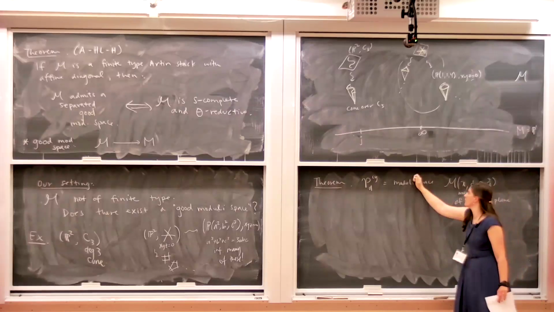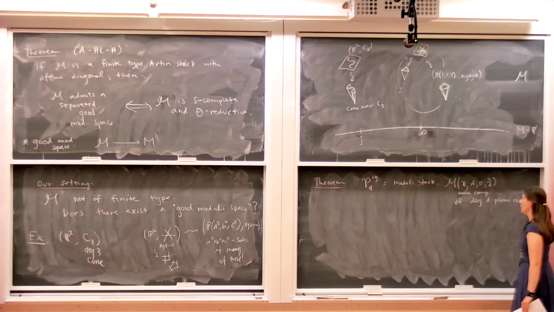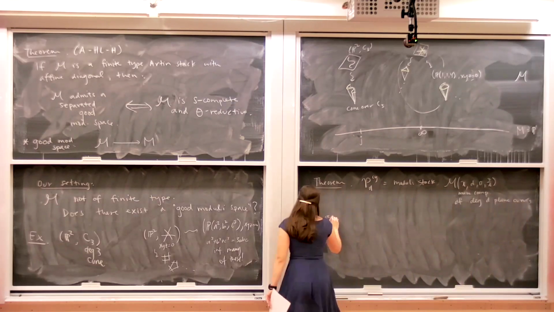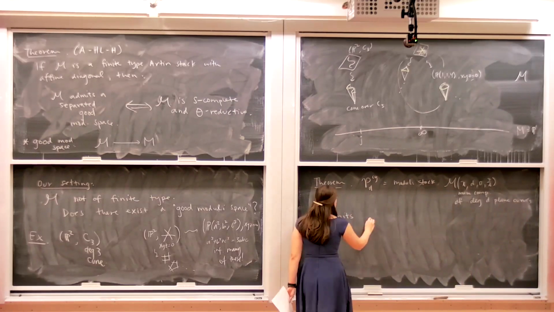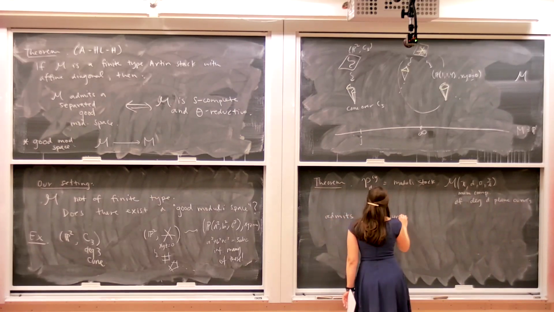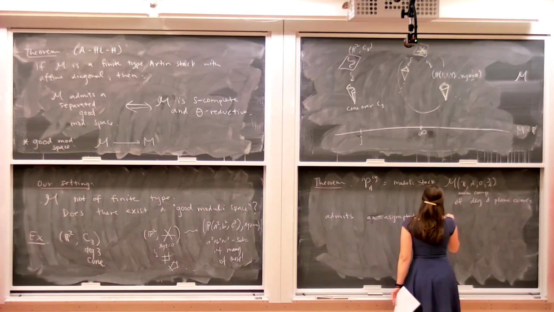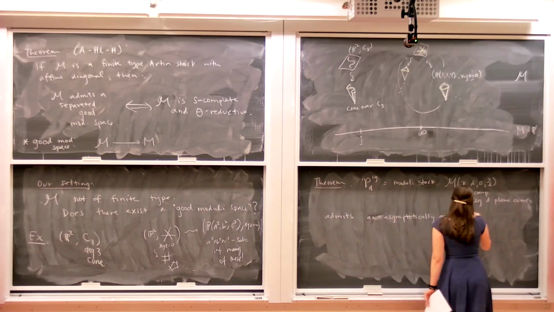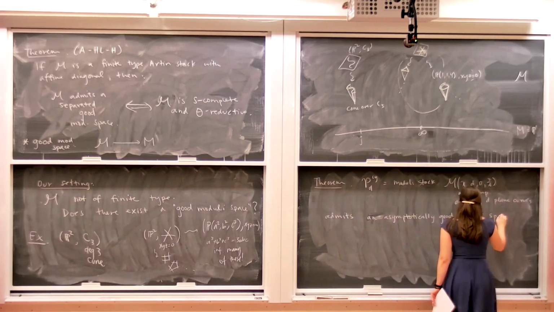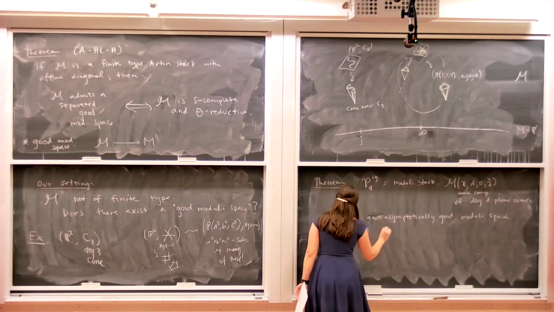Oh, moduli stack. I haven't gotten to the space yet. Admits what we call an asymptotically good moduli space, which we can call Roman PDCY.